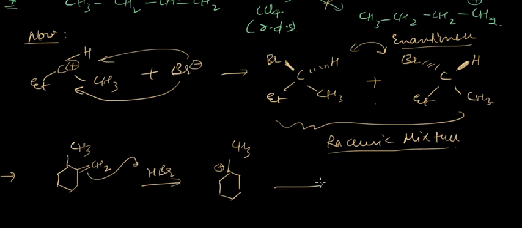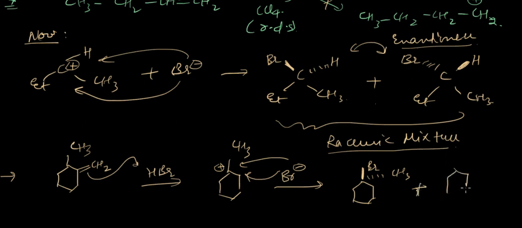Now Br minus can attack this chiral center either from above the plane or from below the plane. In both the cases, if it attacks above the plane, Br will go above and CH3 will go lower. If it attacks below the plane, we will get CH3 above the plane, and Br, as it attacks below the plane, will be on a dash. Okay, so both these two are a racemic mixture.